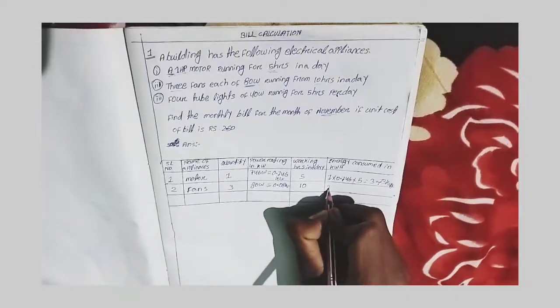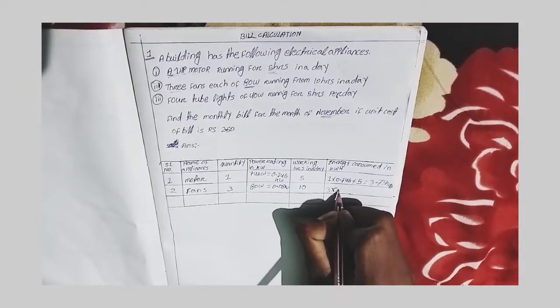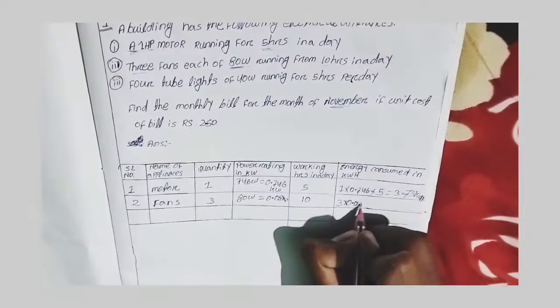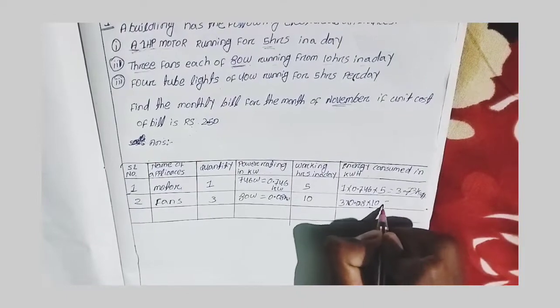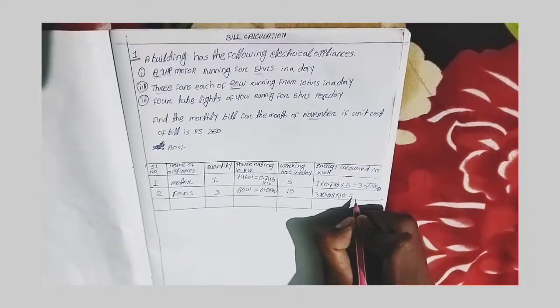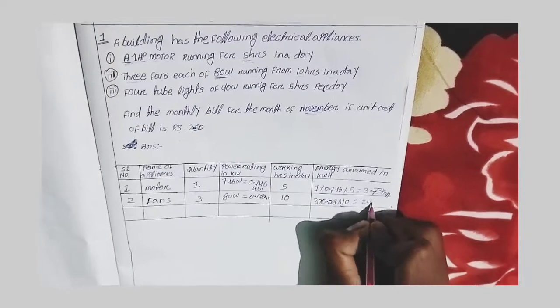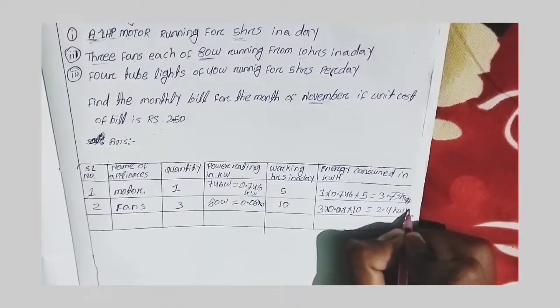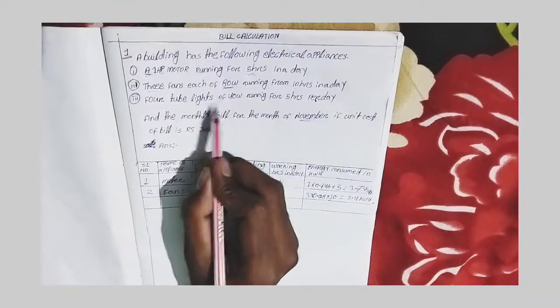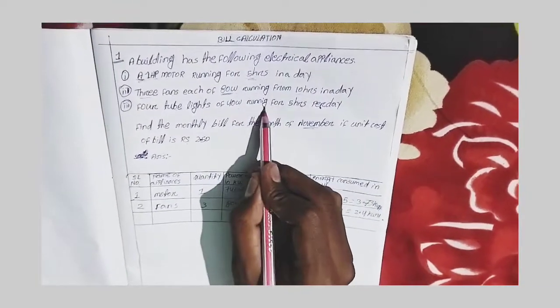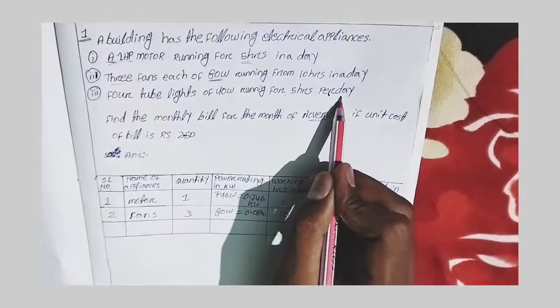So 3 into 0.08 into 10 is equals to 2.4 kilowatt hour. So third is 4 tube lights of 40 watt running for 5 hours per day.